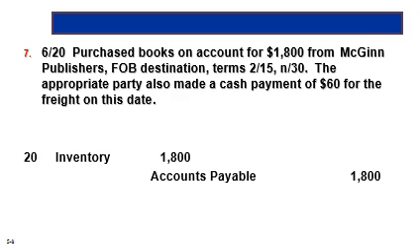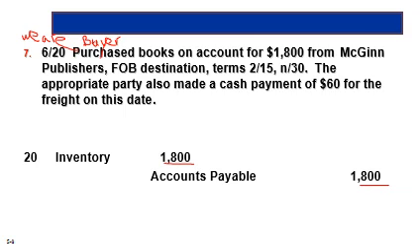Okay, number 7, we're purchasing books on account. So we are the buyer. So we're getting inventory and we owe the money.